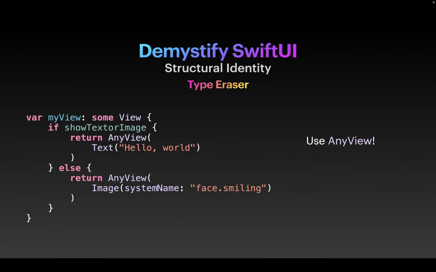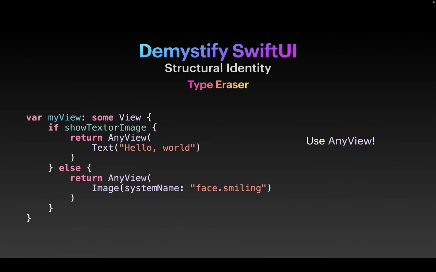Why do we call that a type eraser? Because when you wrap something inside AnyView, the type just becomes AnyView. It doesn't contain any additional information about its concrete type inside. It's just AnyView. It erases the type of the value it wraps around.